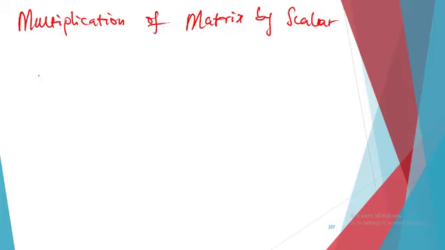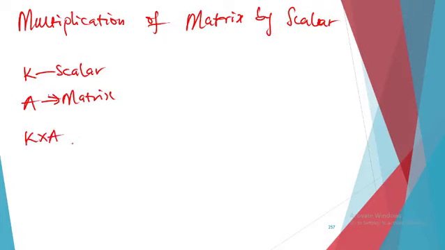If we have our scalar to be k, and we have A to be a matrix, then the scalar multiple of matrix A is simply k times A, which will give us kA. That means the value of the scalar multiplier times everything inside matrix A. That's exactly what we mean.